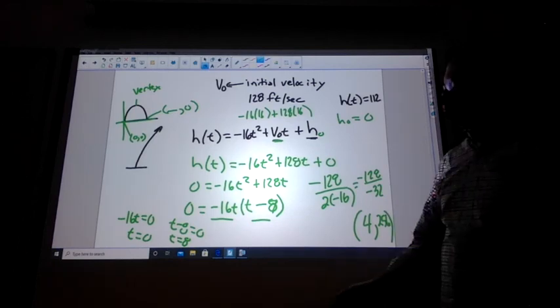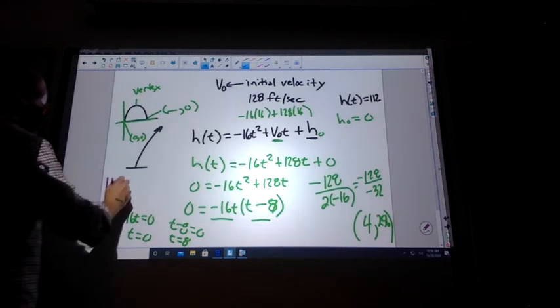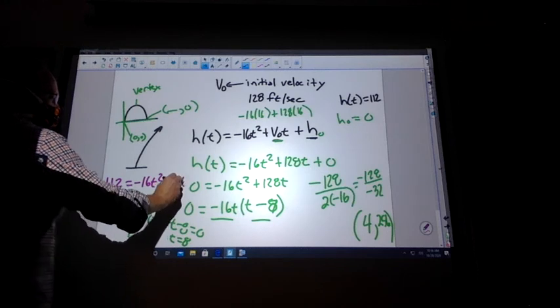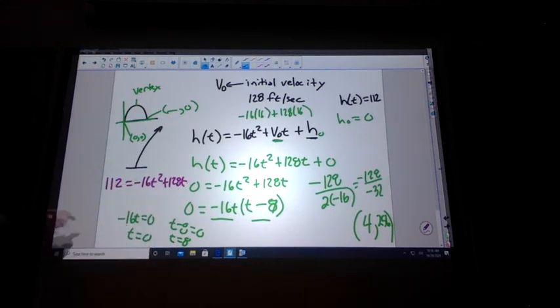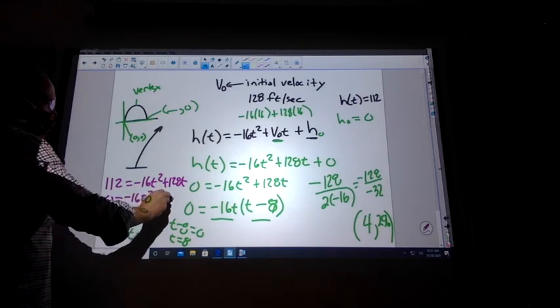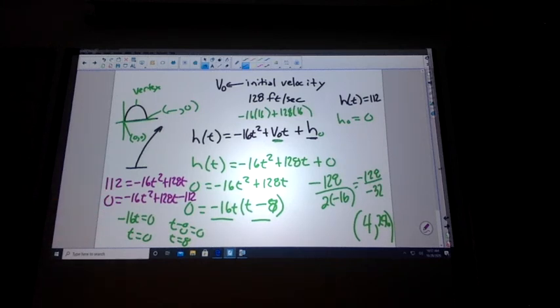And then if you wanted to find when it was 112 off the ground, you'd have 112 equals negative 16t squared plus 128t. Subtract the 112, factor that or use the quadratic formula on it, and it's going to give you the 1 comma 112 and the 7 comma 112.